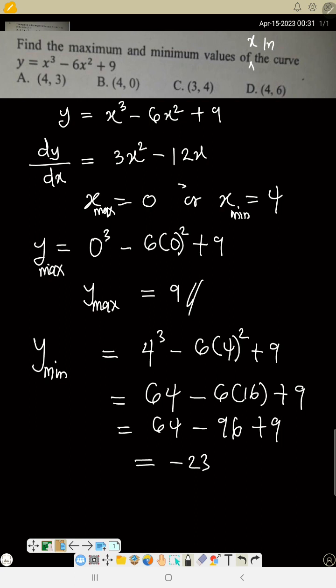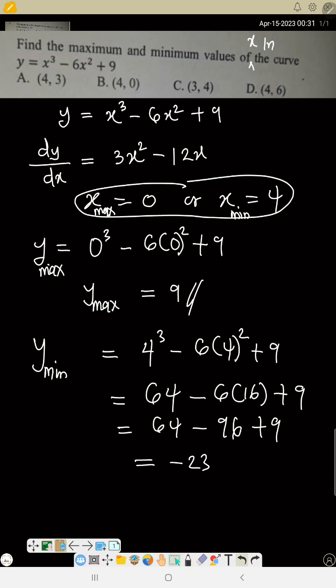So then S maximum is 0, S minimum is 4. So like that, that means you have value of X and Y. So in this case now, if it is X and Y they want, then the option is none of the above.